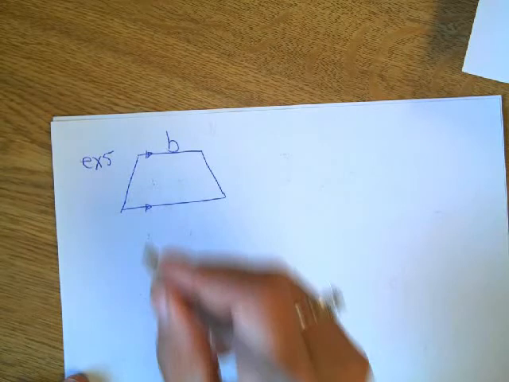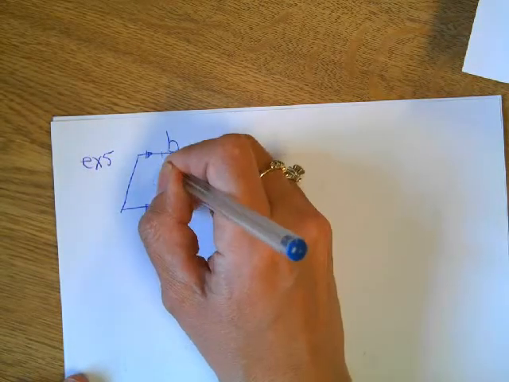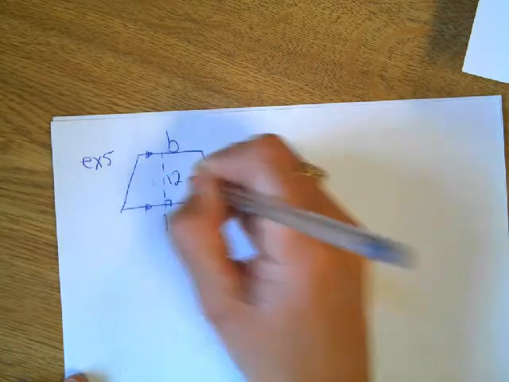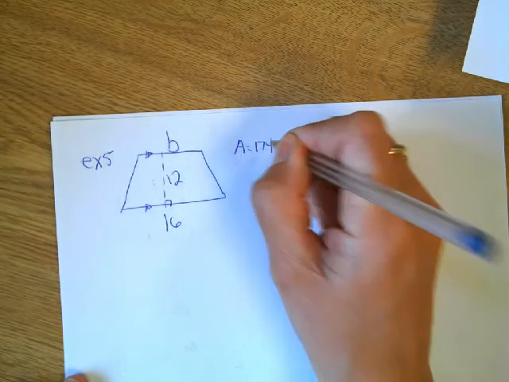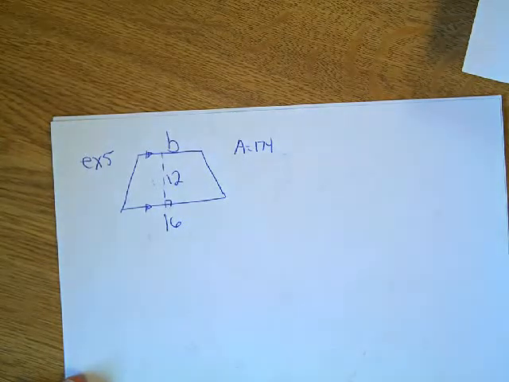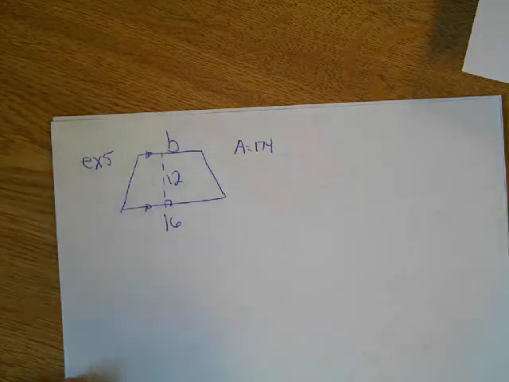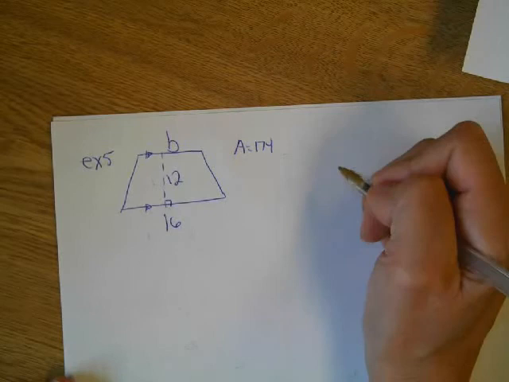Missing base, that's a B. 16, 12, area 174. Find that missing base. Maybe I'll keep it a B. It doesn't look too much like a 6.